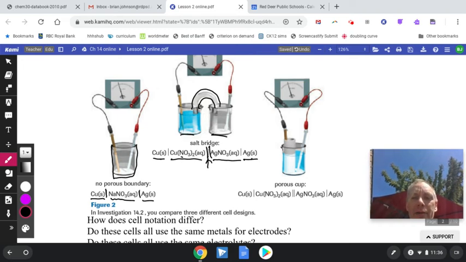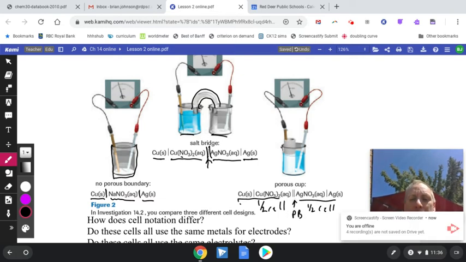This voltaic cell is also two half cells, half cell, half cell, also separated by a porous boundary, PB. But the porous boundary in this case is a porcelain cup with micro pores in it that allow anions and cations to migrate through the pores just like they do in a salt bridge.